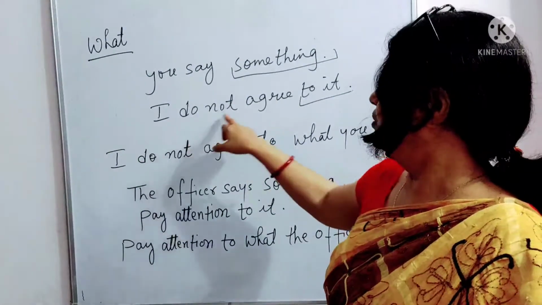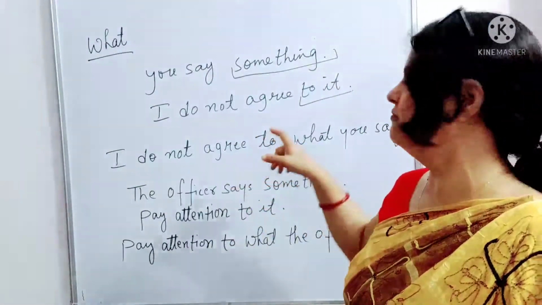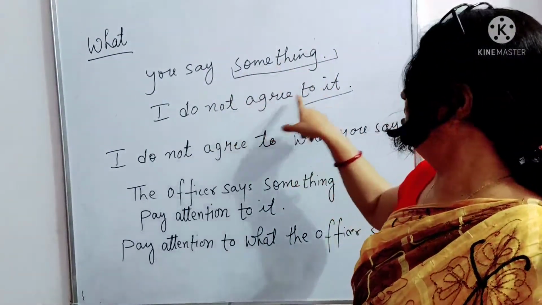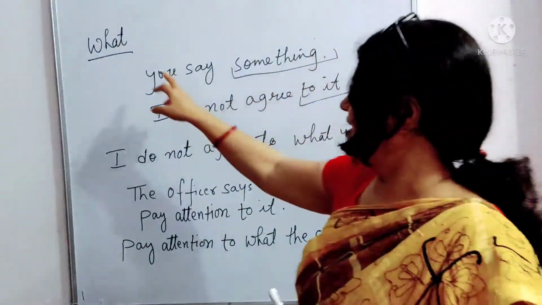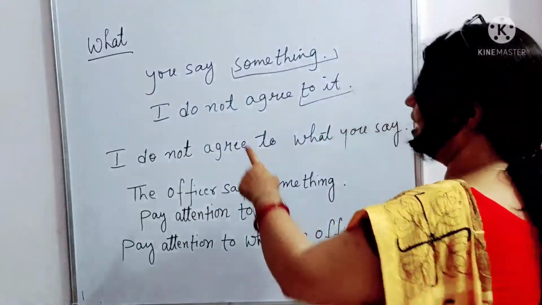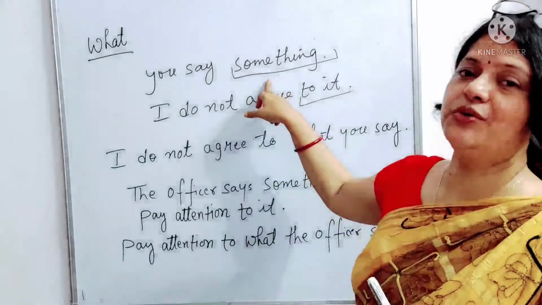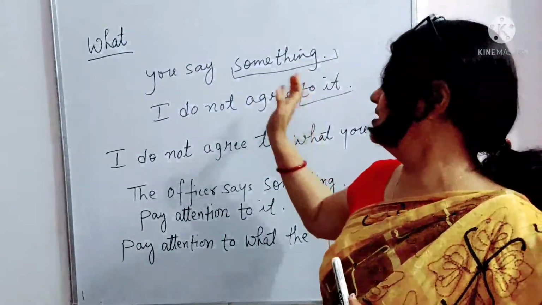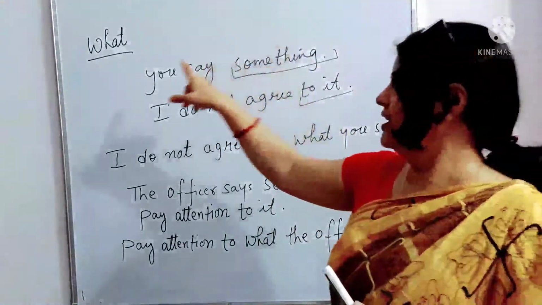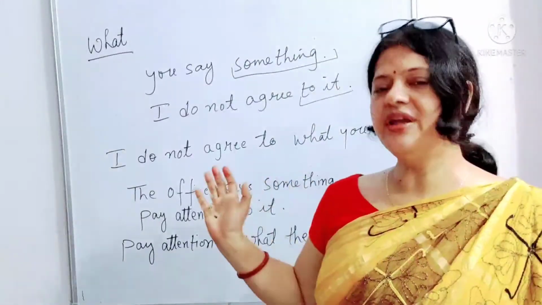It would be I do not agree to, only to. The preposition will remain there, but we will not write to it. So I do not agree to, and then we'll add the conjunction what. So I do not agree to what you say. We don't need to write this something. Something means what you say. So I do not agree to, then write the conjunction what you say. It has been added.